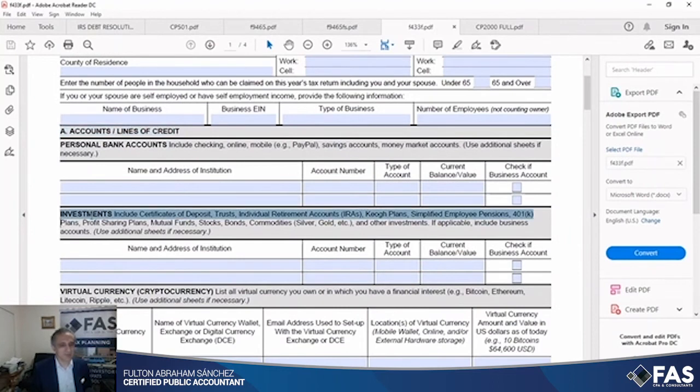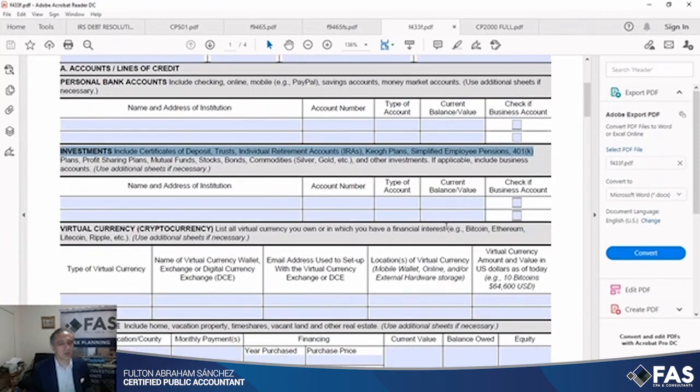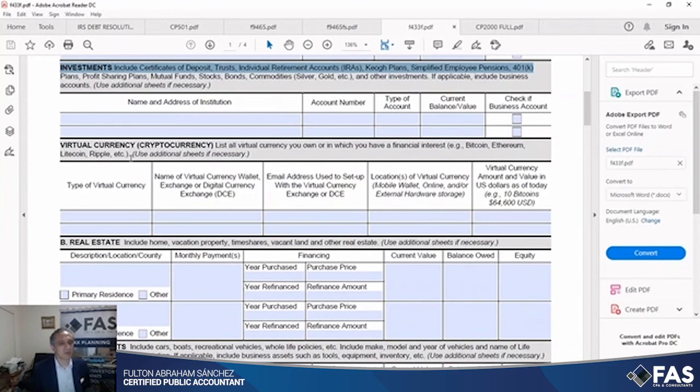your investments. This is if you have 401k plans, retirement plans, or any other type of investment in the stock market. Also virtual currencies, if you have any position.